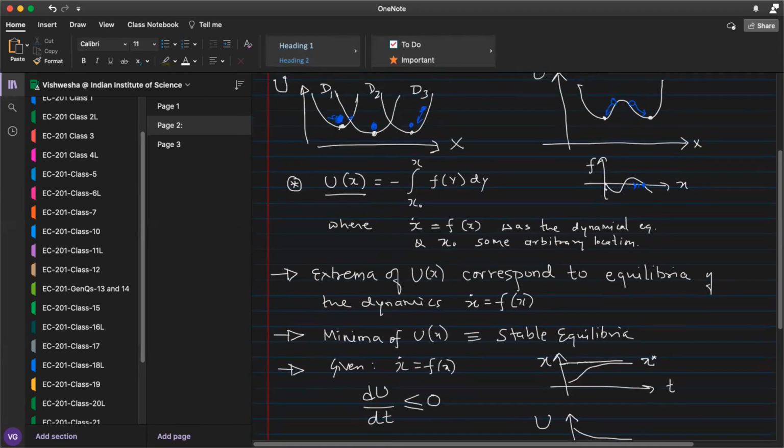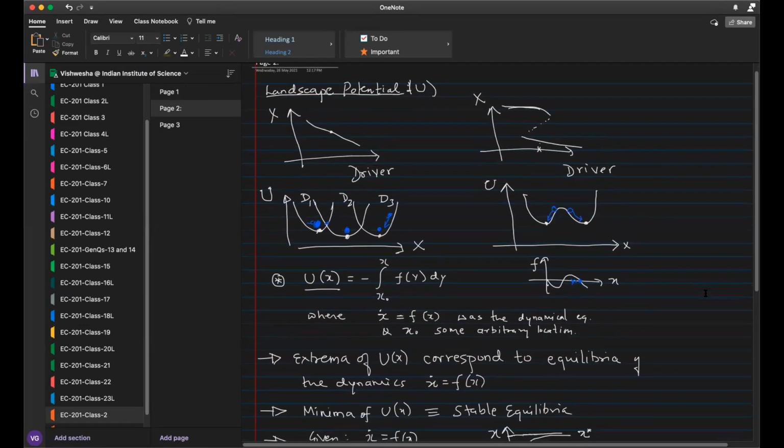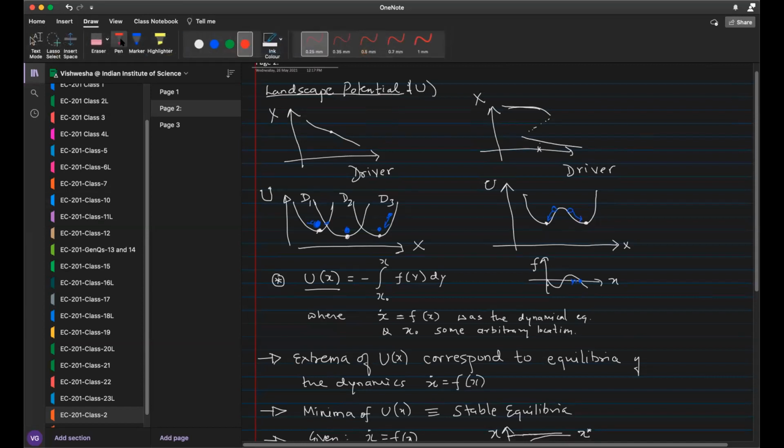I think the confusion is happening for the following reason. Imagine a system, let's think of physics systems, where the energy is conserved. If I start the ball here, what happens to it? When it comes down here, what will be the kinetic energy? It will be very high, right?